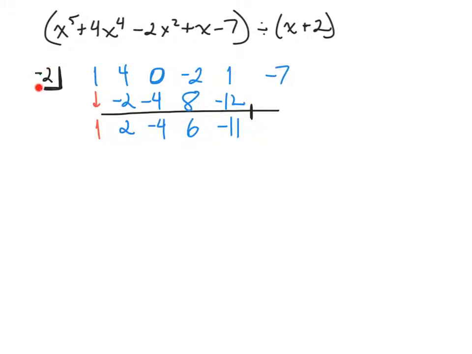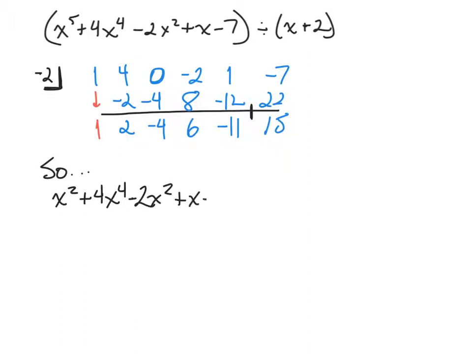Multiply. And add. Now we have our solution. What that means is that we can take x to the 5th plus 4x to the 4th minus 2x squared plus x minus 7.